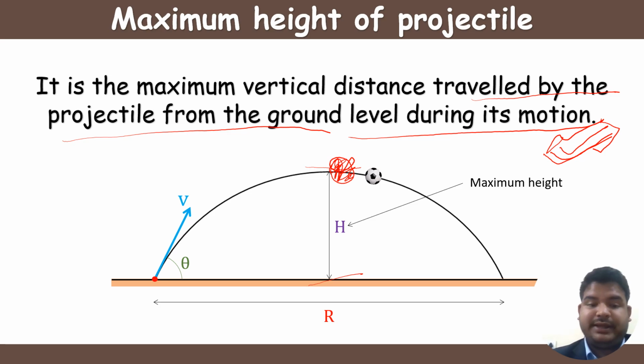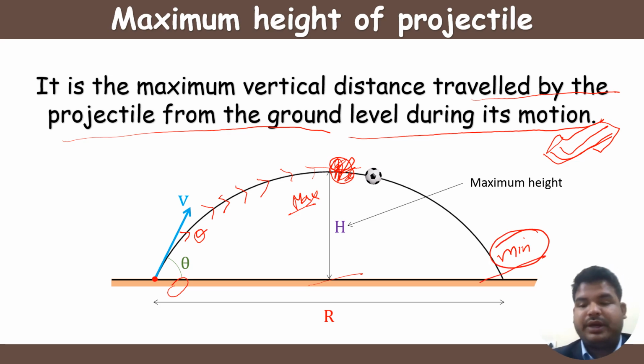Everything is clear, I think so. The ball moves on a projectile path, reaches maximum from 0 to max, and from max to minimum. Okay, let us move forward.